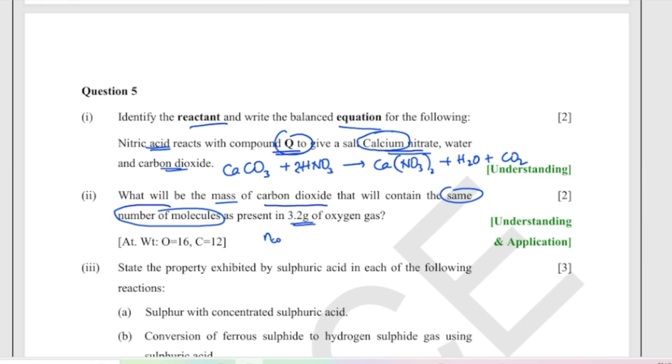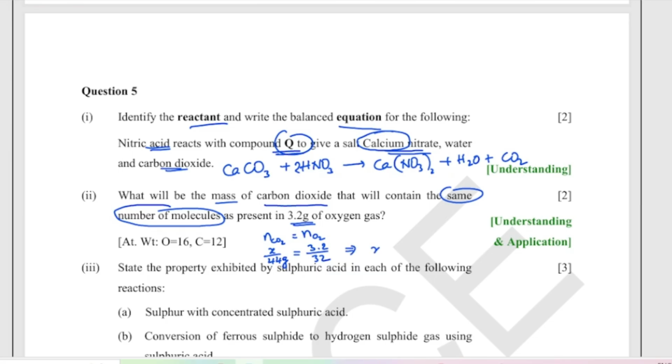So number of moles of carbon dioxide must be equal to number of moles of oxygen. So we need to find the mass of carbon dioxide when its molecular mass is 44 grams. That must be equal to the number of moles of oxygen, that is 3.2 by 32.